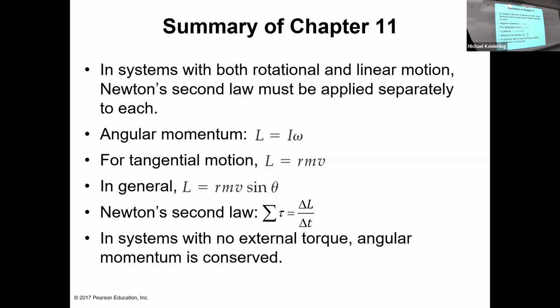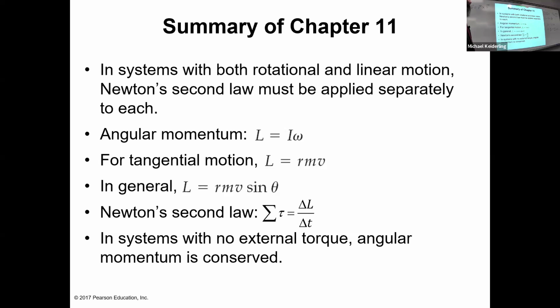In systems with both rotational and linear motion, Newton's second law needs to be applied separately to each of them: rotational torques and linear forces. Angular momentum is moment of inertia times omega. For tangential motion, angular momentum is radius times mass times velocity. In general, it's radius times mass times velocity times the sine of the angle between the velocity and the radius.